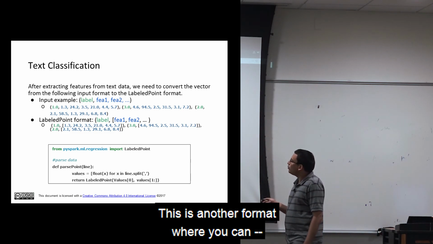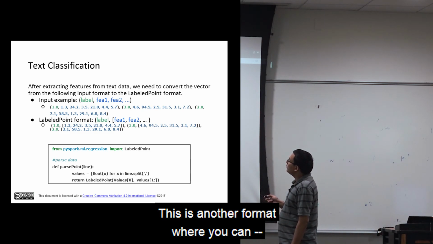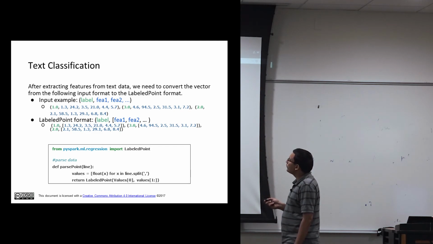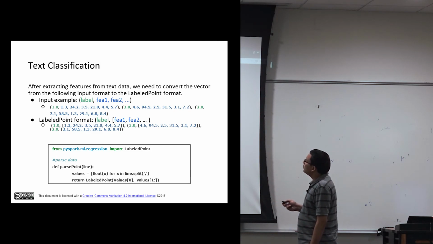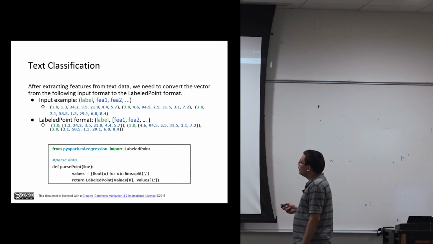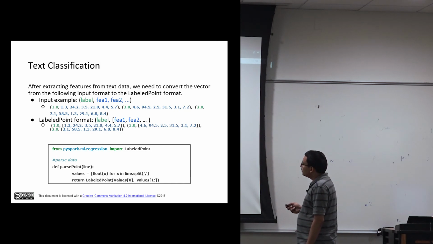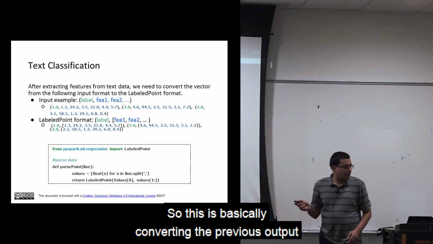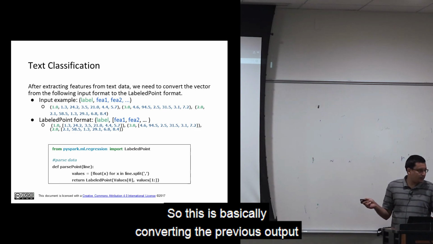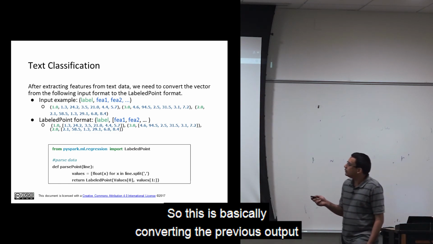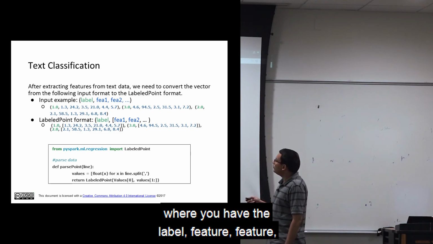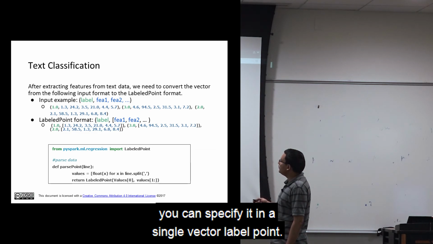This is another format, so this is basically converting the previous output, where you have the label and features, so you can specify it in a single vector.